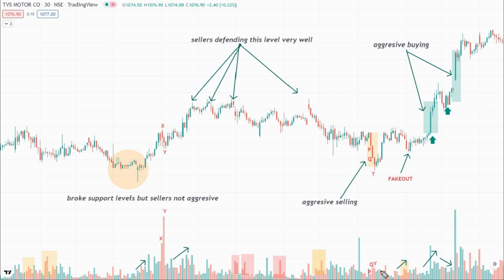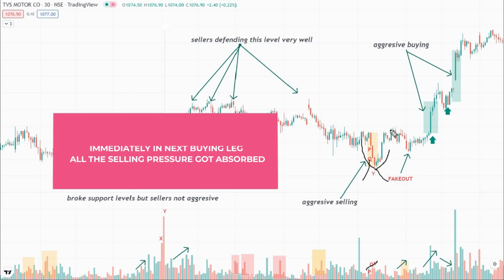Why is that happening? If these three candles were very strong, then after a small pullback, prices should have continued the downward momentum. But what is happening? We are seeing a price and volume divergence. There is hidden buying pressure at Q and Y. Okay, and then we see a strong buying momentum which absorbed all this supply pressure.